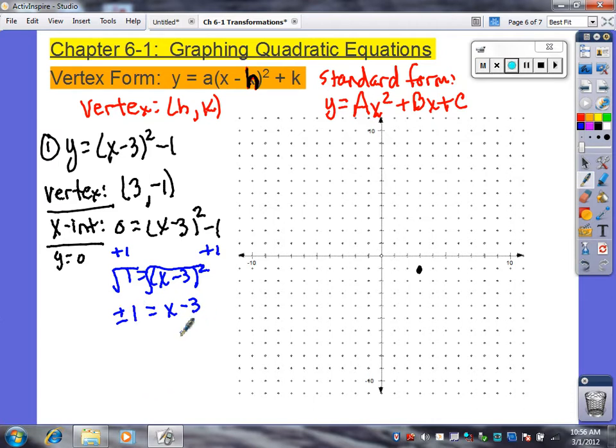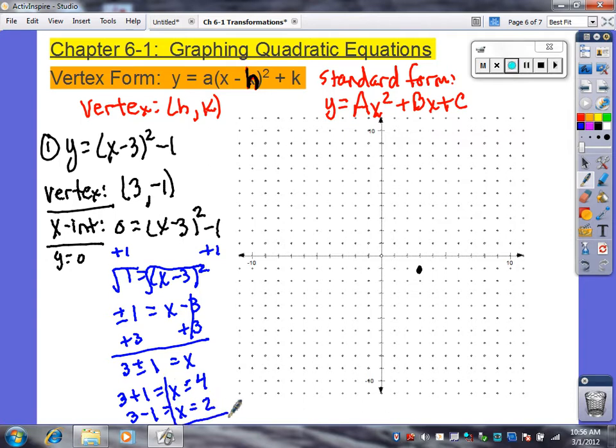Now we're going to add 3 and add 3. So we now have 3 plus or minus 1 equals x, and we get two answers. 3 plus 1 equals x, which is 4, and 3 minus 1 equals x, which equals 2.